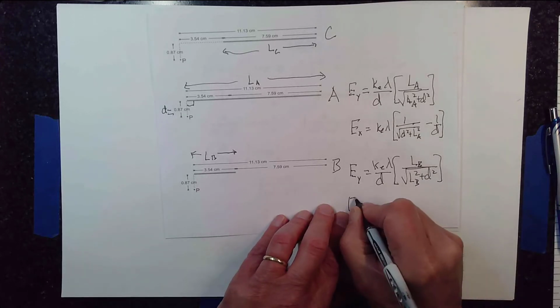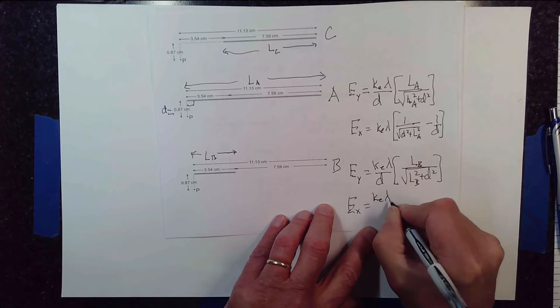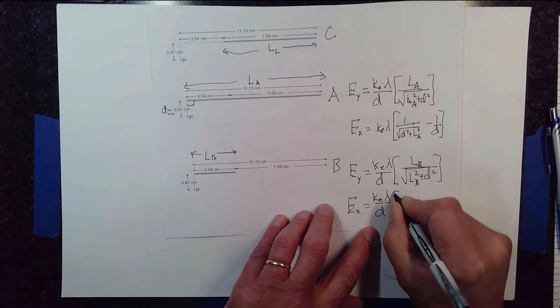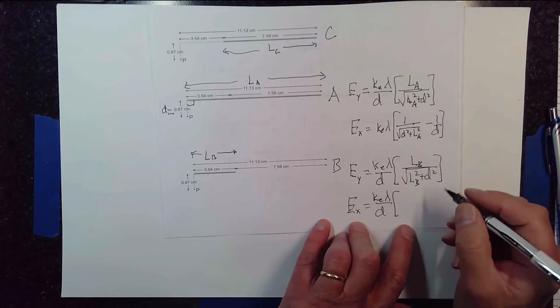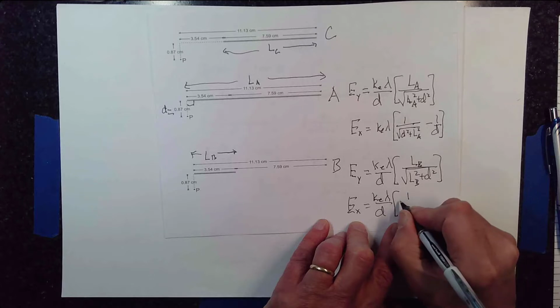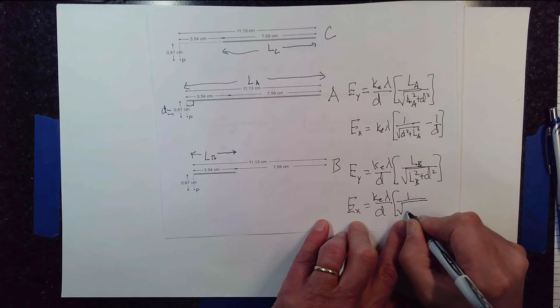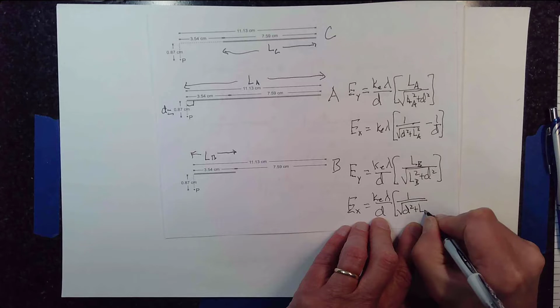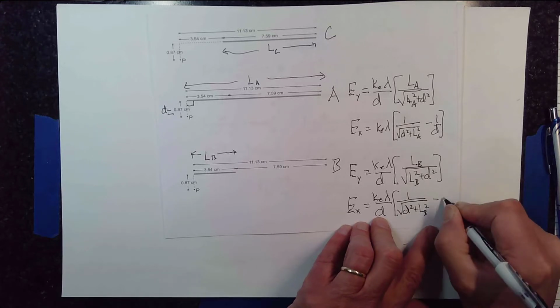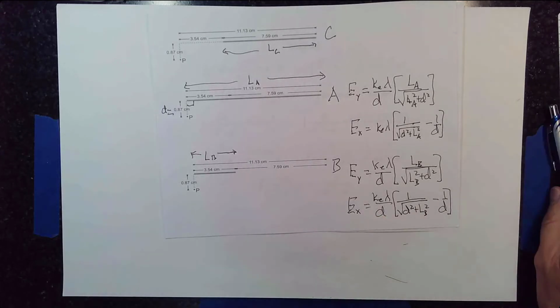And then e sub x, do the same thing. K sub e lambda over d, and let's see, 1 over the square root of d squared plus L sub b squared minus 1 over d. So there's my x component of the electric field in this case.